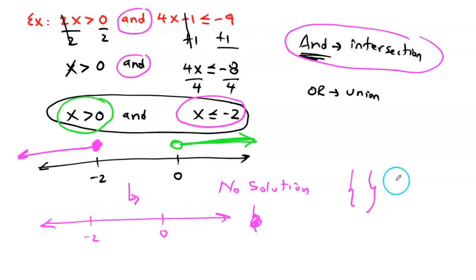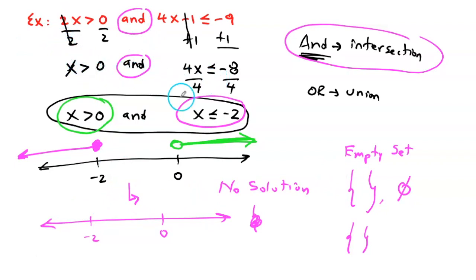It's the empty set. That's a Greek letter, phi, I believe. That's how you read it. So let me do those braces again better. Empty set. Nothing. There's no solution available for this inequality.